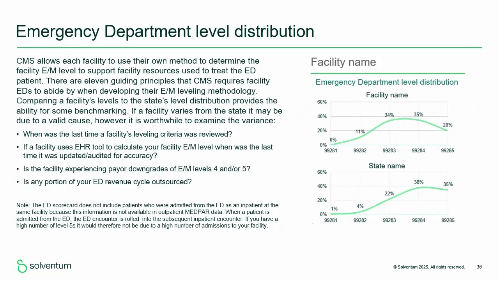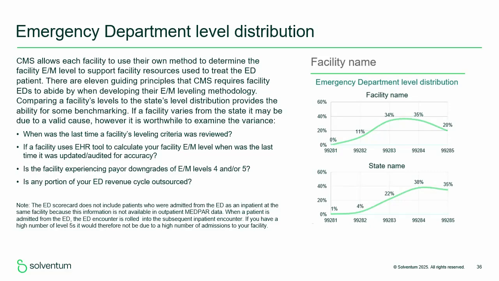First thing that we present on the outpatient scorecard is the facility's emergency department E&M level distribution as compared to their state. As you may know, CMS allows each facility to use their own methodology to determine the facility's E&M leveling, which represents the resources used to treat patients.